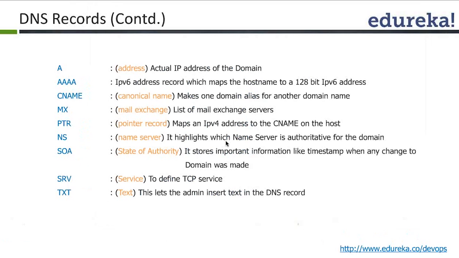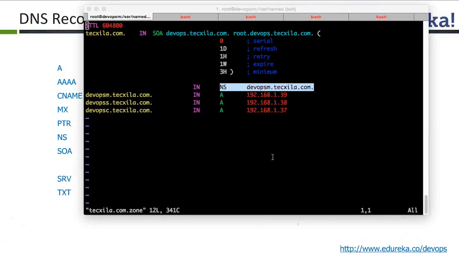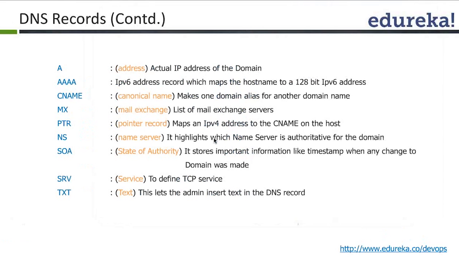Name server means it is an authoritative server in which the records of your hosts are kept, and they are authoritative. That means they control that entire records. Okay. So as we see, there's an A record, there's a PTR record, and there is an NS.